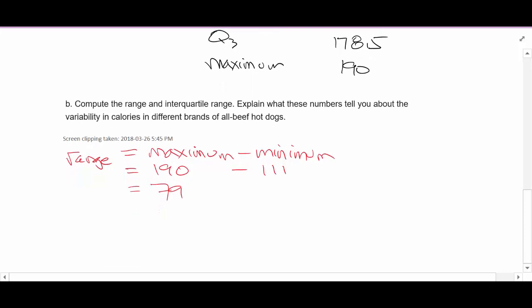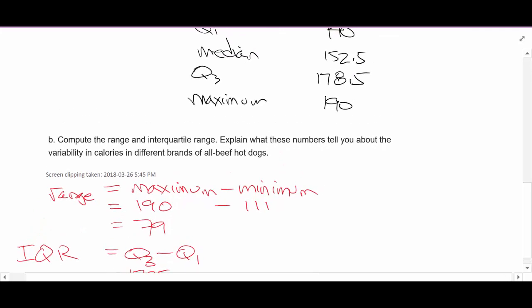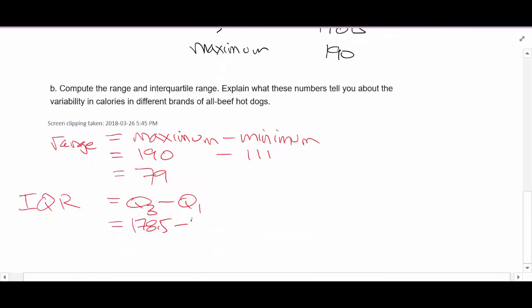Now, the interquartile range, IQR, is Q3 minus Q1. And that is Q3, 178.5, minus Q1, which is 140. So the interquartile range is 38.5.